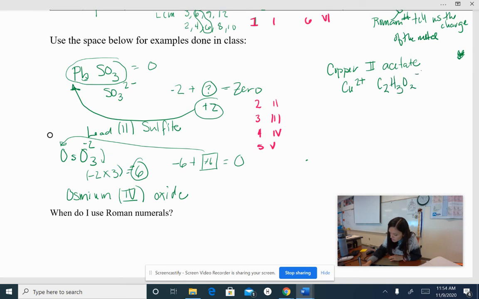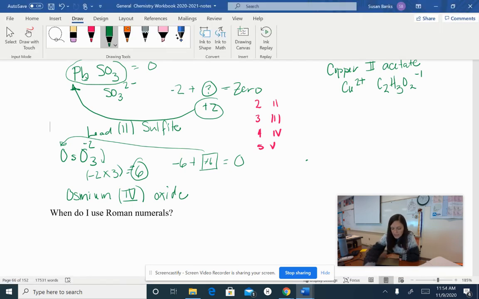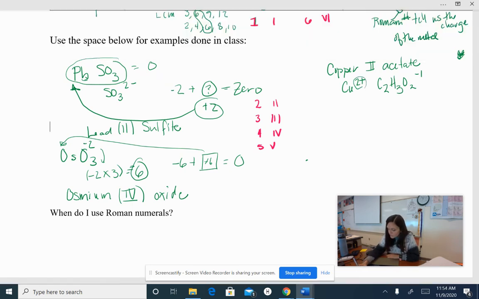C2H3O2 with a charge of -1. Now we've got to figure out our least common multiple between these 2 charges. I've got a +2 and I've got a -1. So my LCM between 2 and 1 is 2.